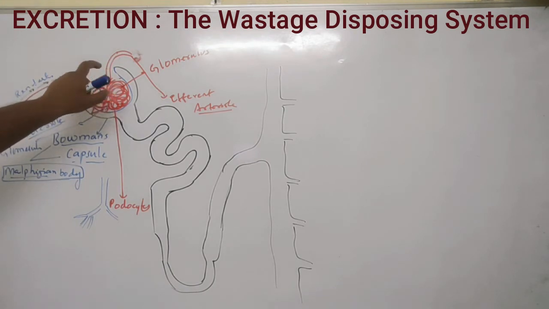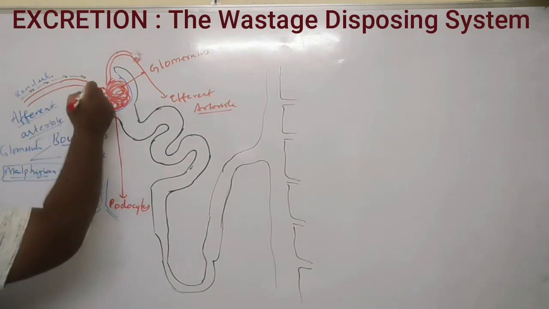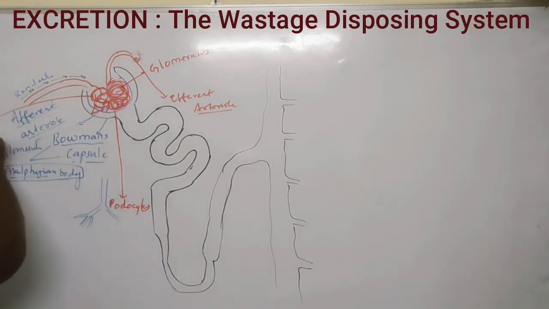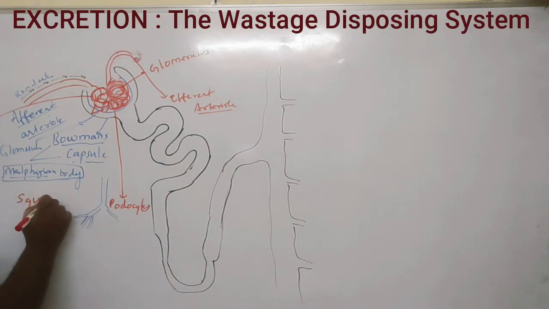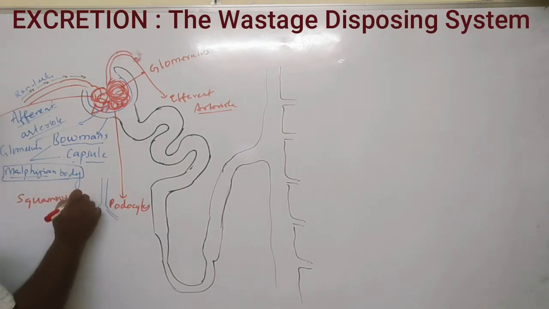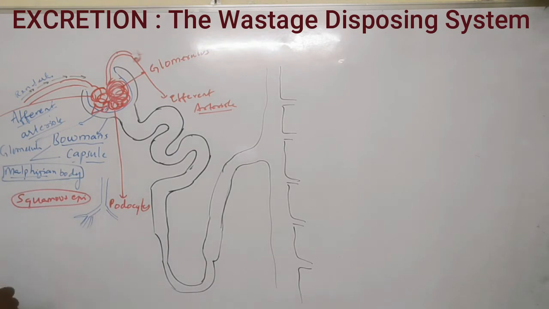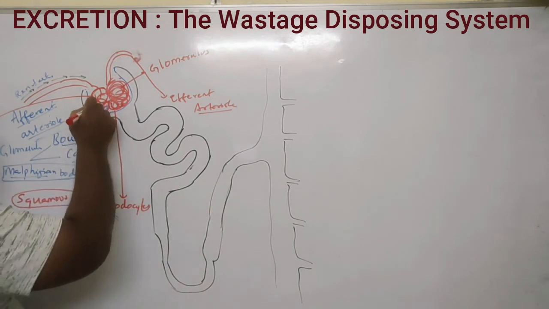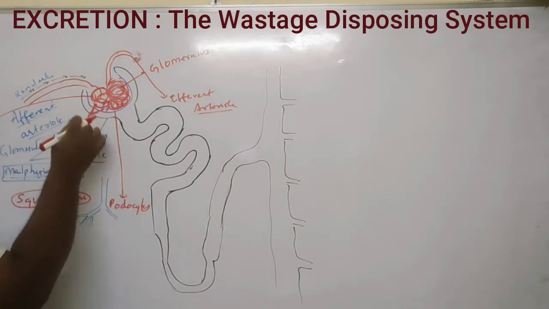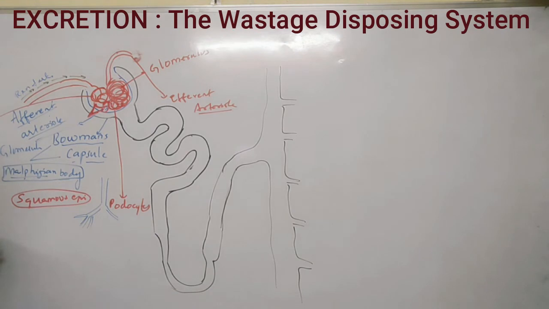Okay. Now these are nothing but single layer squamous epithelium cells. Already we have learned about the squamous epithelium, right? Do you remember that? Squamous epithelium, very thin layer. In 9th class you have studied about the squamous epithelium, right? So this is made up of a thin layer of squamous epithelial cells, which are usually called as the podocytes.